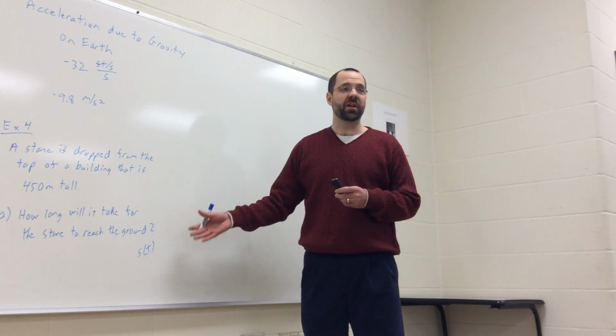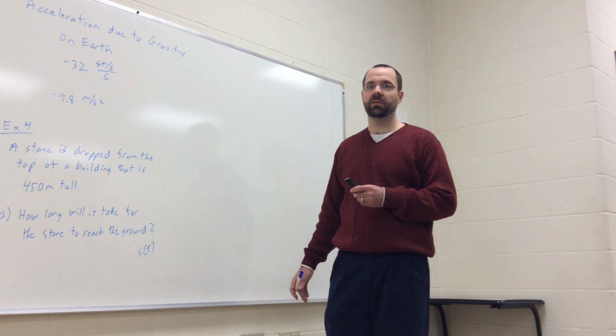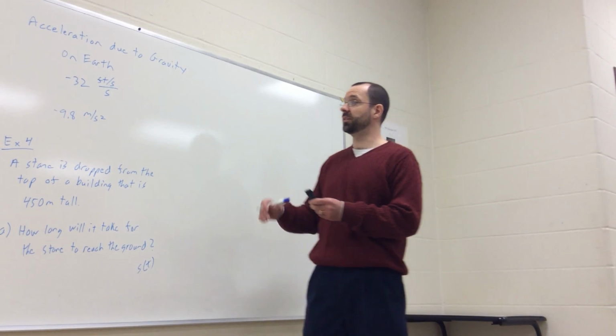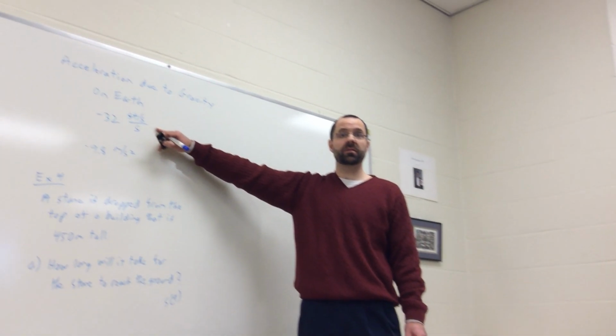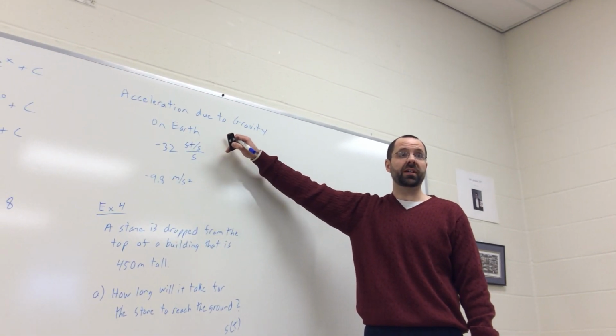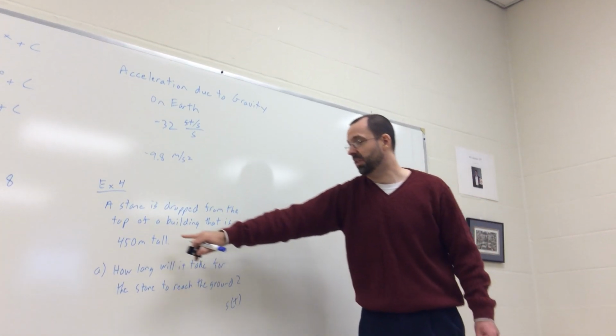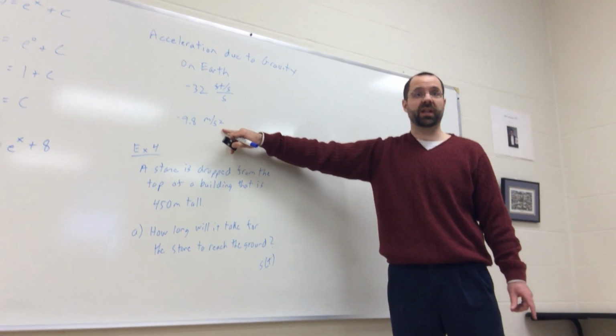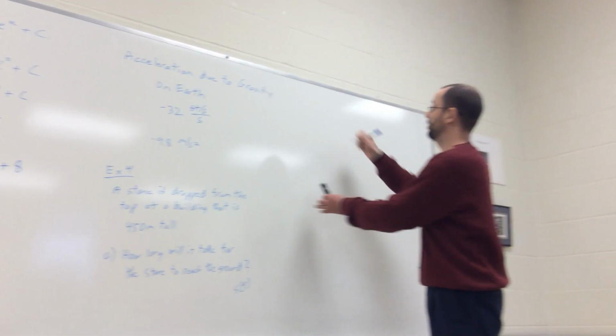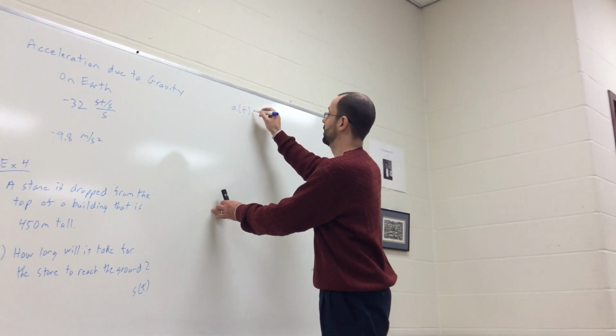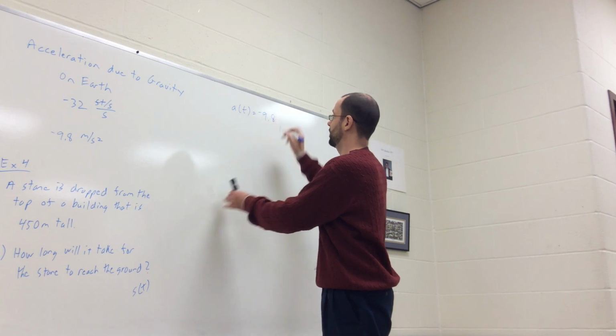But we don't have information about S of t. All we have information about is acceleration. We know the stone is going to accelerate in this way. So this is in meters, so we need to use the negative 9.8. So the acceleration equation for this problem is negative 9.8.